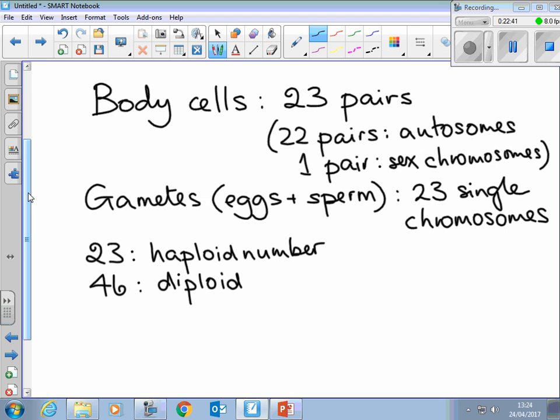Just trying to think, is that enough to get me started on this? Now, if you choose to do a genetic disorder for your presentation, you will need to track down which chromosome it's on, whereabouts on that chromosome it is, what sort of change in the genetic code has occurred, how that affects proteins that are produced from that gene, and so on.